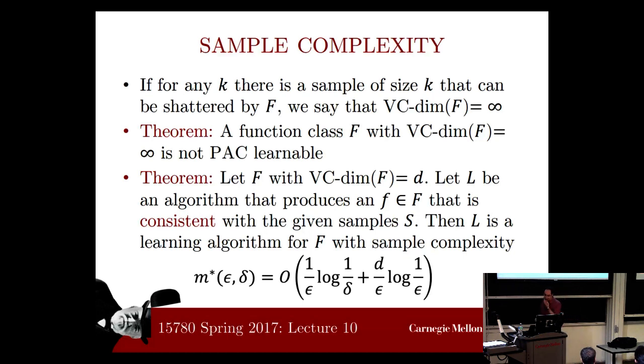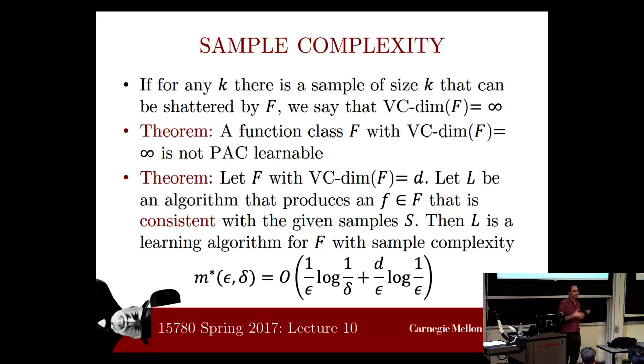So this is saying if the VC dimension is finite, and let's call it D, let's look at an algorithm. This is again a very interesting point. Let's look at some algorithm that all it does is take a set S and produce a function in f that is consistent with S, in the sense that it labels all of the positive points in S as positive, and all of the negative points in S as negative.